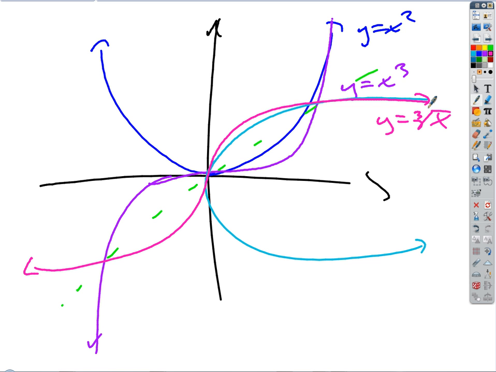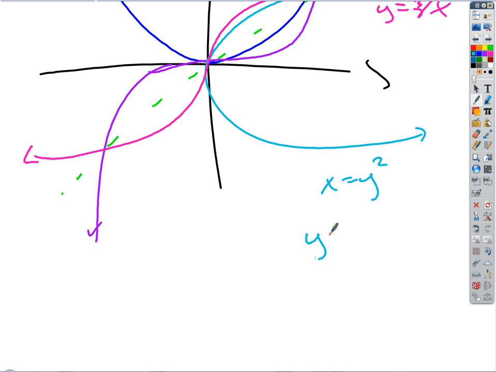But the sideways parabola, that is the graph of the relation x equals y squared. If I solve that for y, don't I get back y equals plus or minus the square root of x? I have to split it into two separate functions because it violates the vertical line test. Does that make sense?